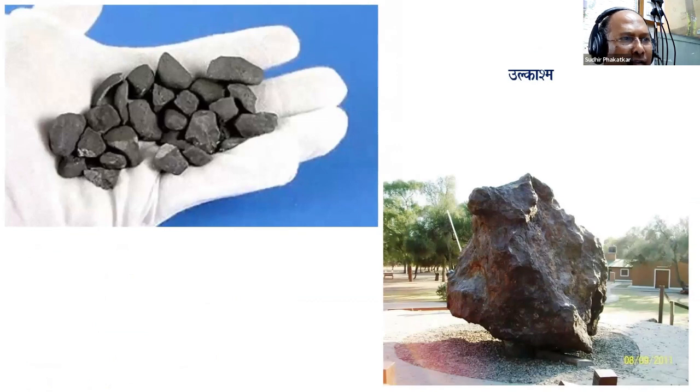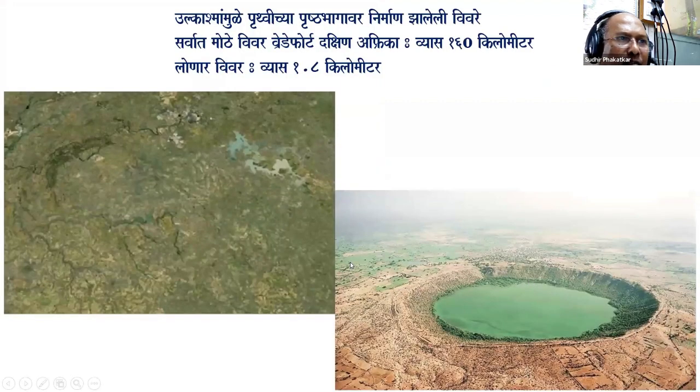So these are a few pictures of meteorites. See the small pieces, which are so tiny we can take them in our palm, and such a big one, which has fallen from the sky also. And because of meteorites, craters are also formed on the Earth's surface.